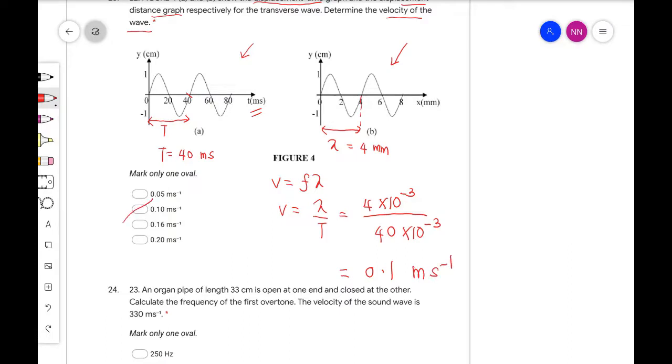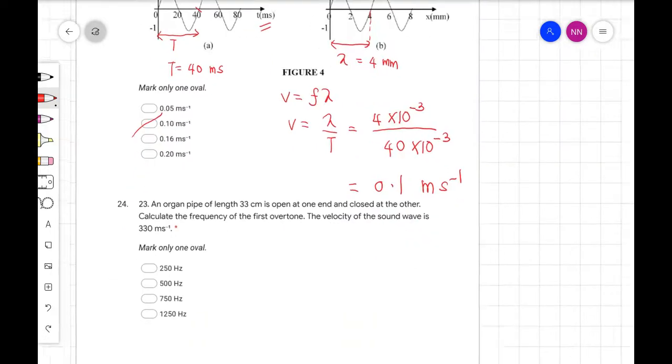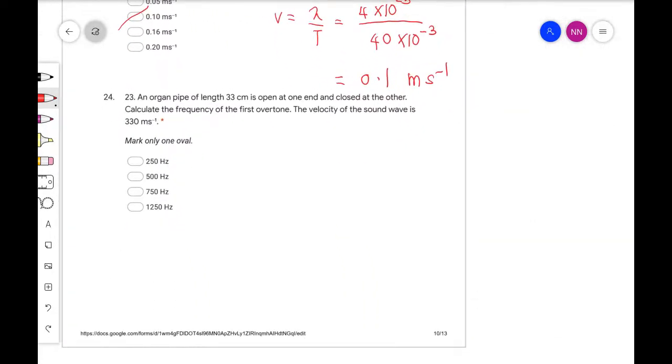And then number 23. An organ pipe of length 33 cm is open at one end and closed at the other. Calculate the frequency of the first overtone. So this is a closed pipe.